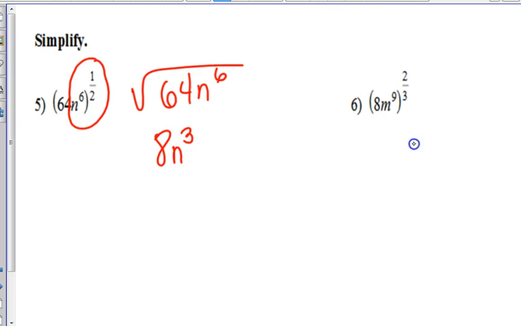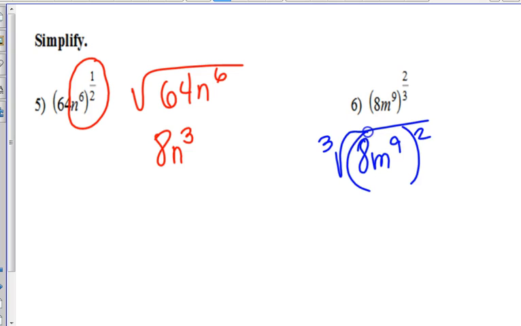All right. What about this one? 8m to the 9th. Okay, that looks kind of miserable. Okay. Can I talk about it a little bit differently? How about 8 to the 2/3? And what are we going to do with them on the variable? Multiply. So 9 times 2 divided by 3.